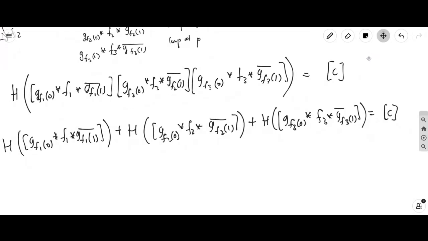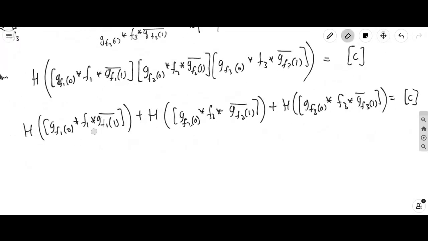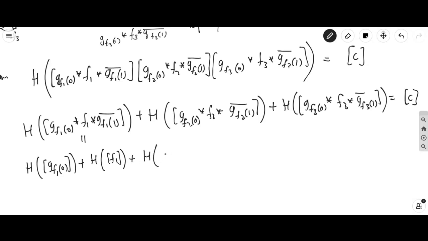That's what you want to show. And the issue here is that what we want to say is that this is H of a product. So you want to be able to say this is H applied to G F1 of 1 plus H of F1 plus H of G of F11.